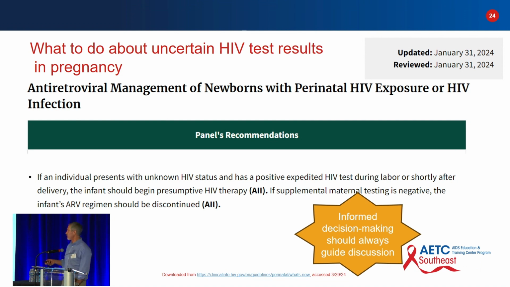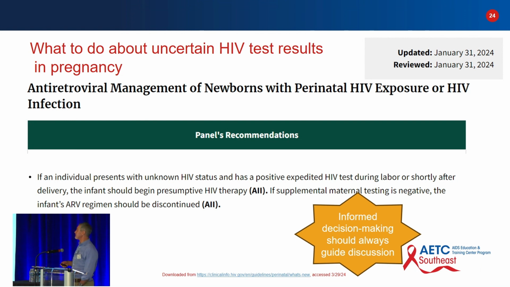There are scenarios where it would not be unreasonable not to provide the infant with ARV prophylaxis if there are previous similar patterns in terms of the test results. And just to wrap things up with this particular case, what we told the provider here was that yes, it did make sense to actually give the infant AZT, at least initially.